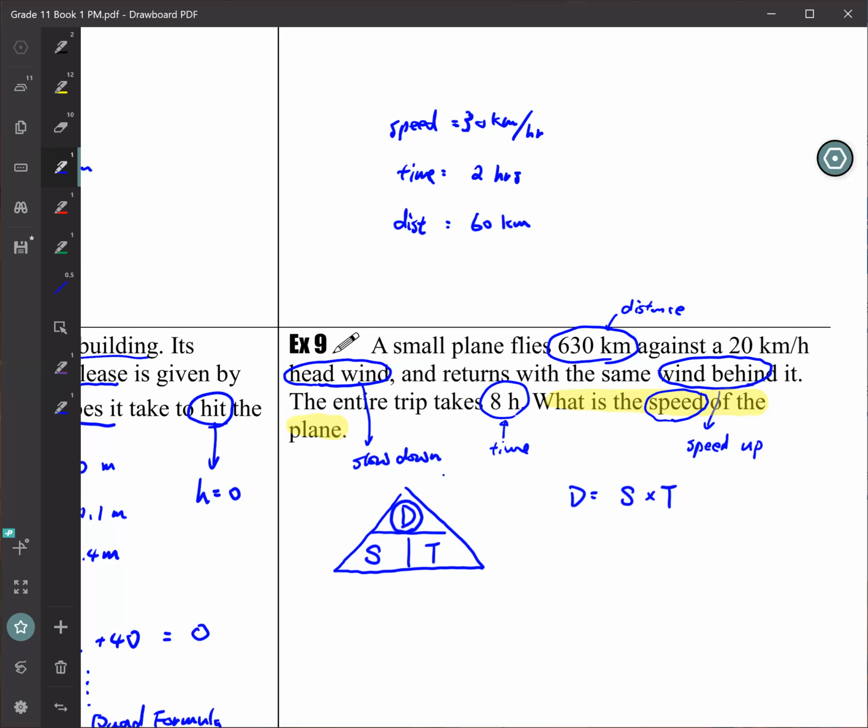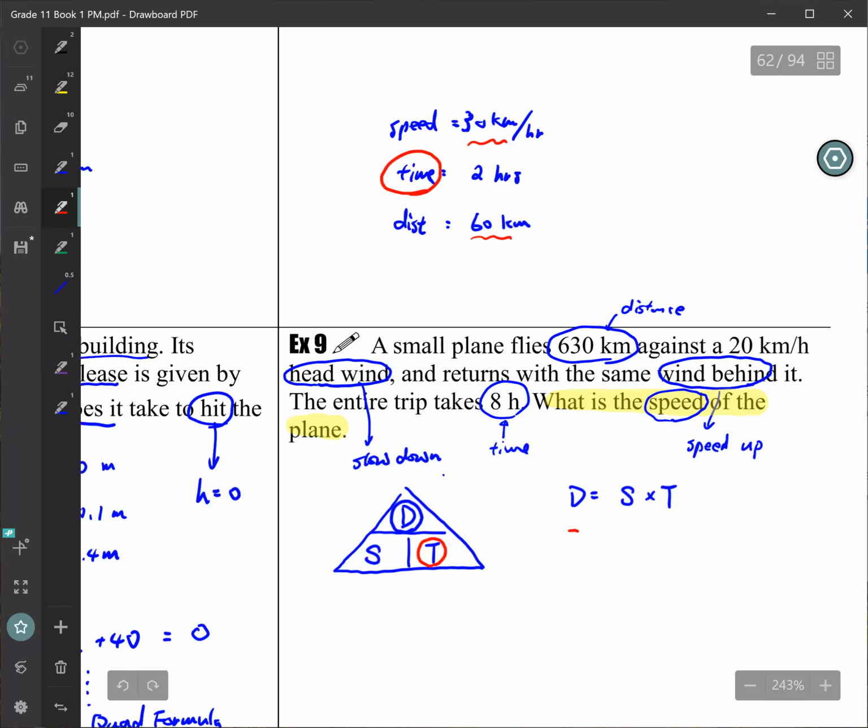Okay, and then you can move around the formula, right? If you want to find time, then you can divide by speed. For example, here, if you want to find the time, then you take 60 divided by 30, right? Distance divided by speed. 60 divided by 30 is 2, right?